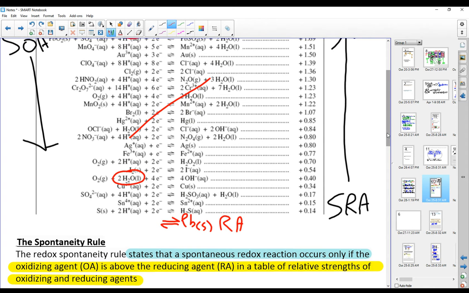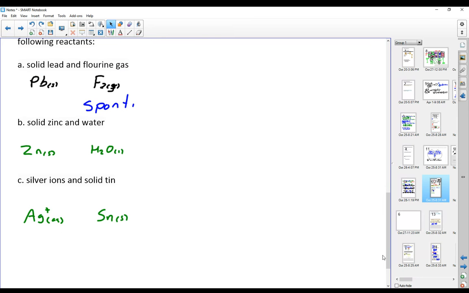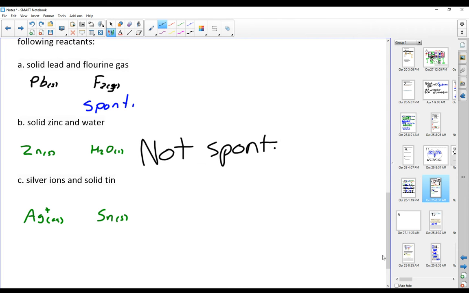So when we find H2O on its own, it is down here somewhere. It's a liquid because it is water. But we find that it is below zinc. And because of that, it will be non-spontaneous.